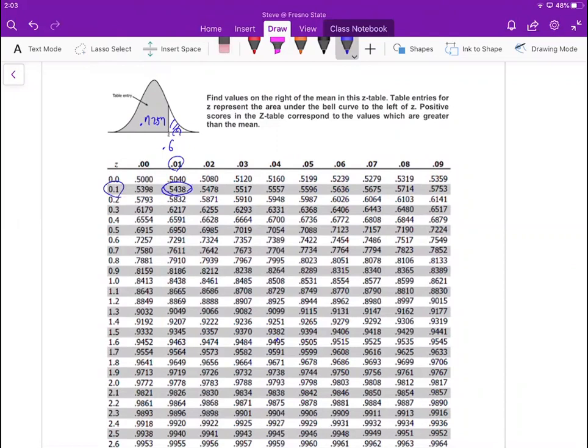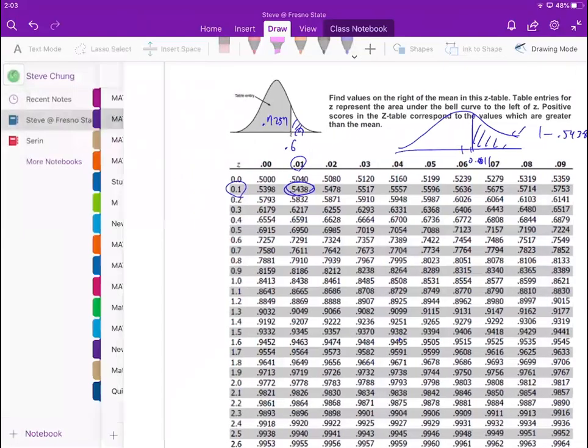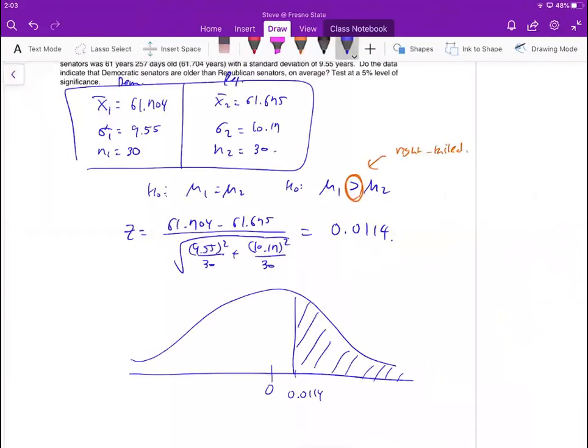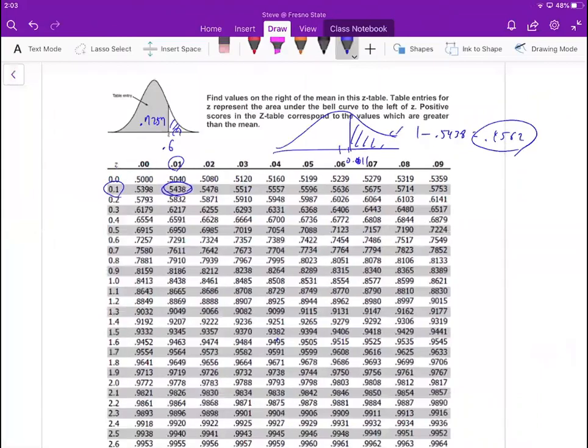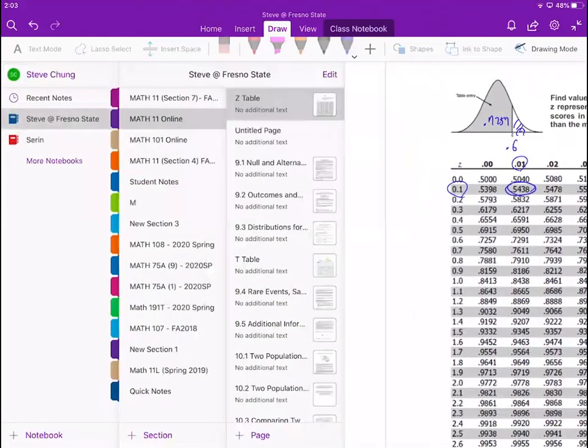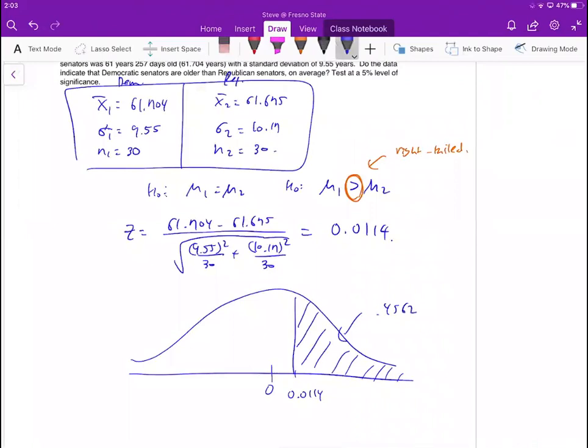So the area to the right is going to be 1 minus 0.5438, which is 0.4562.